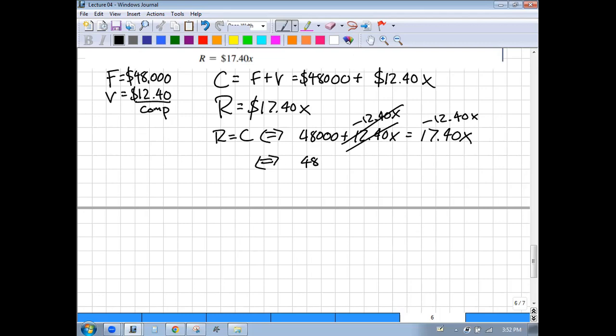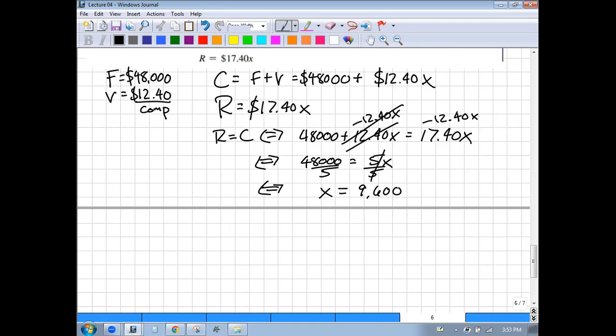So I'm just left with 48,000. 17 minus 12 is 5. Now divide both sides by 5. At this point, I'm just going to write x on the left because I like it better on the left. So 48,000 divided by 5: if it was divided by 10, it would be 4,800. So it's 5, so it'd be twice that. It should be 9,600. 9,600 computers, right?